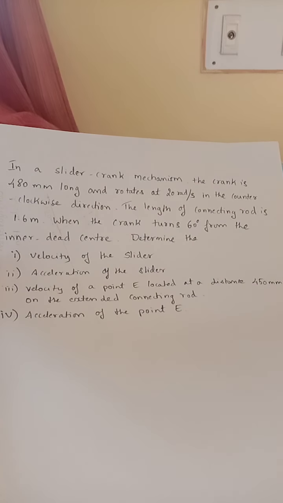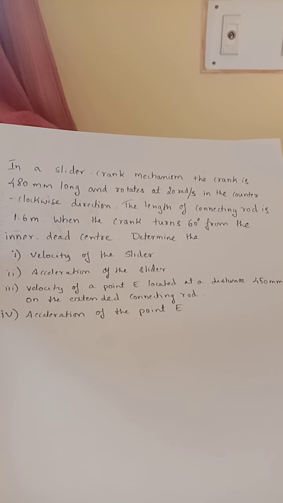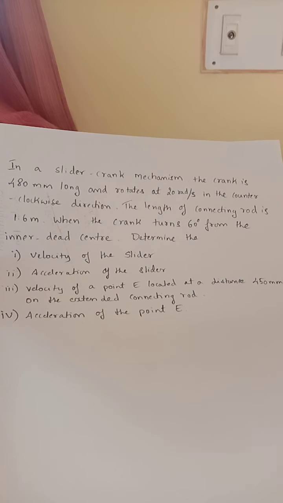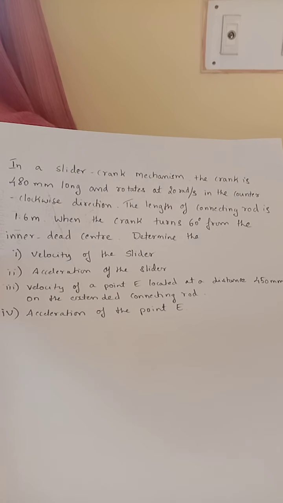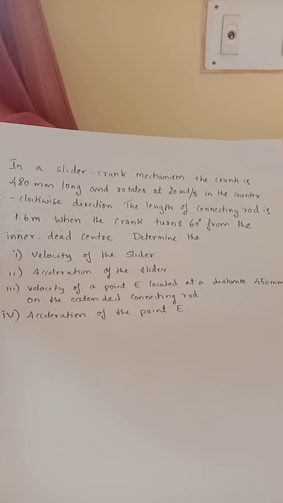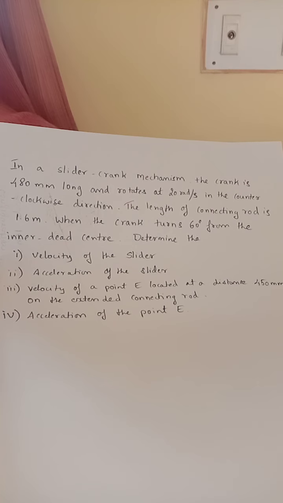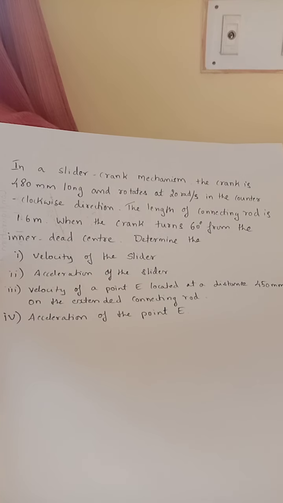In a slider crank mechanism, the crank is 480 mm long and rotates at 20 radians per second in the counterclockwise direction. The length of the connecting rod is 1.6 meters. When the crank turns 60 degree from the inner dead center, determine the following.